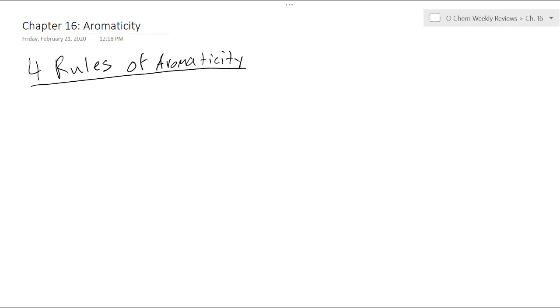Okay, so rule number 1 is all atoms in the ring must be sp2 hybridized.